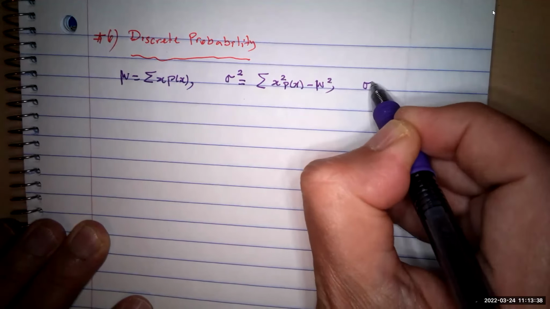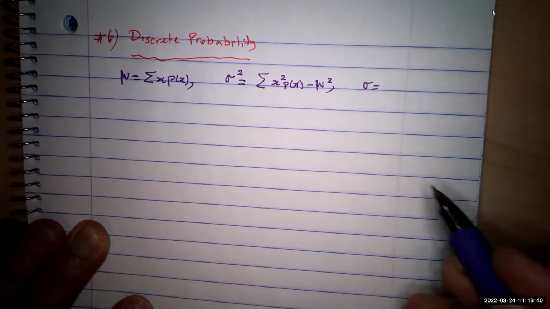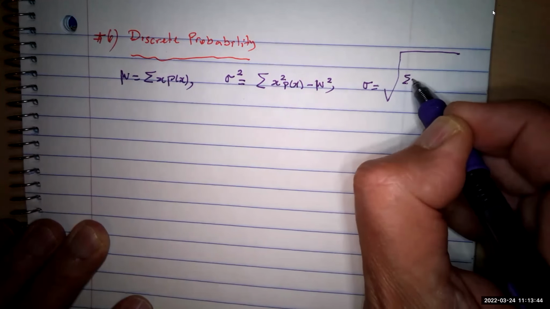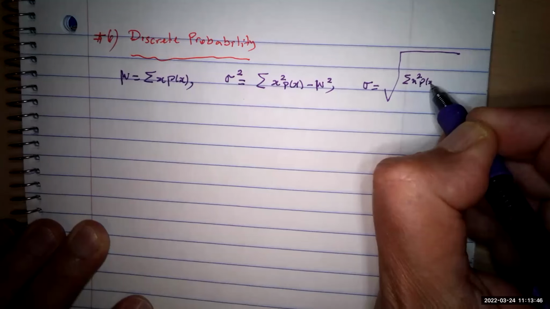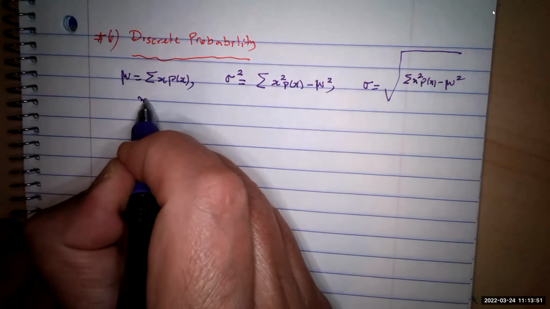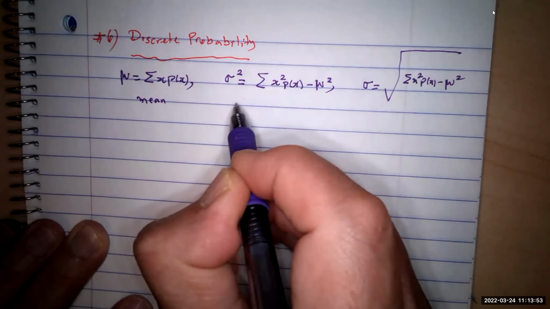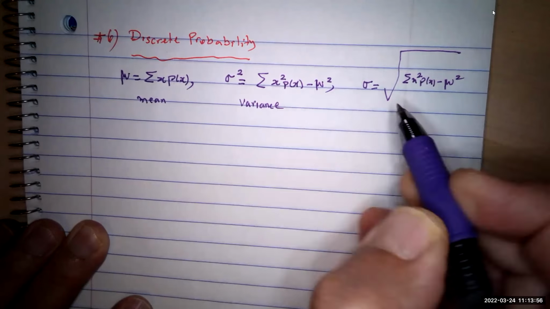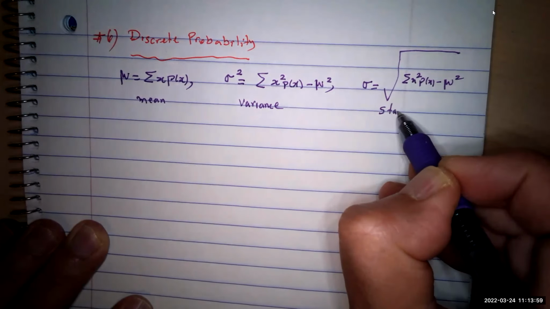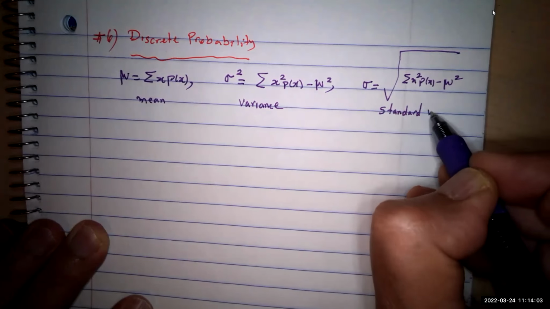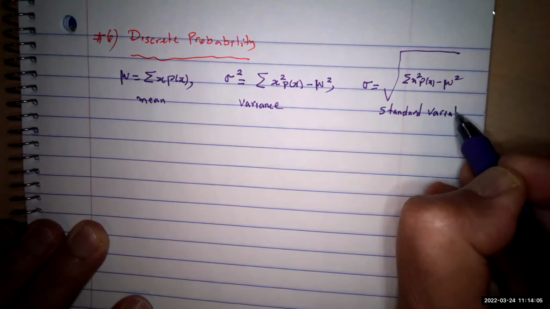And then sigma is just the square root of the variance, that gives you the standard deviation. So that would be the mean, that would be the variance, and this is the standard deviation. 3 easy formulas.